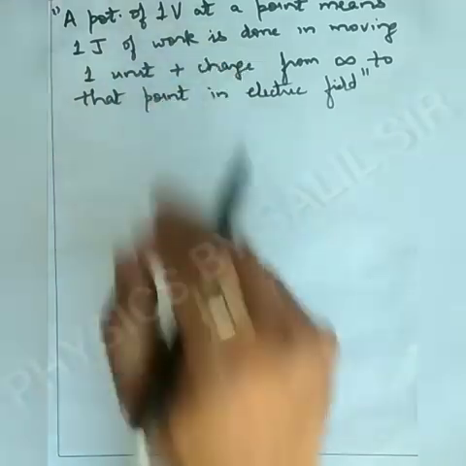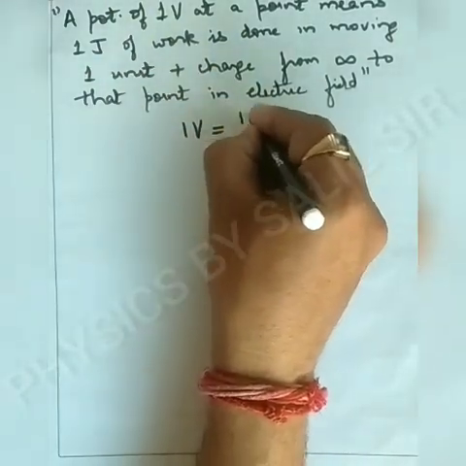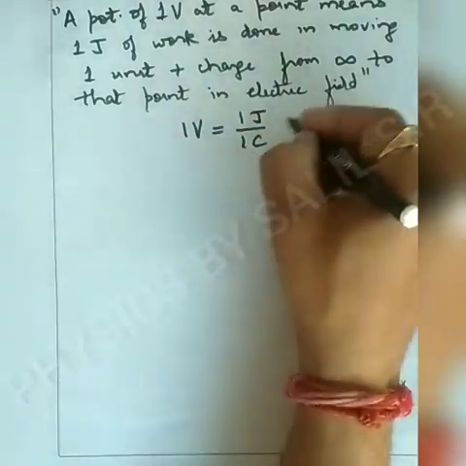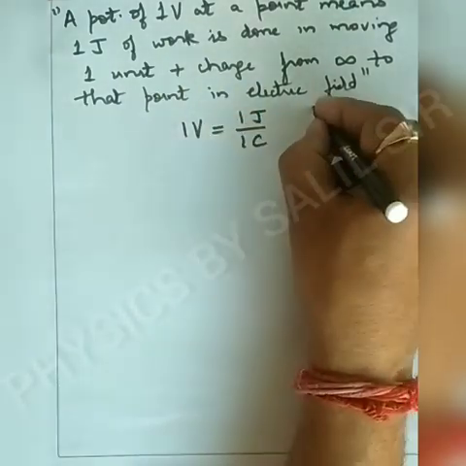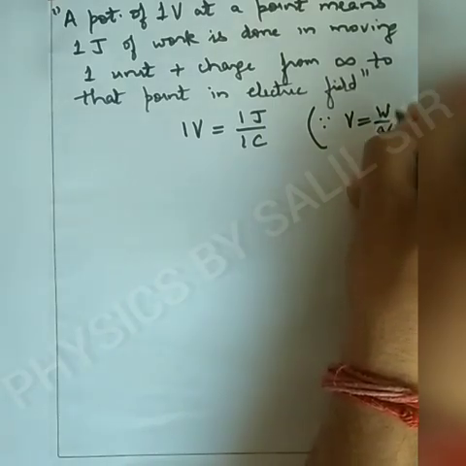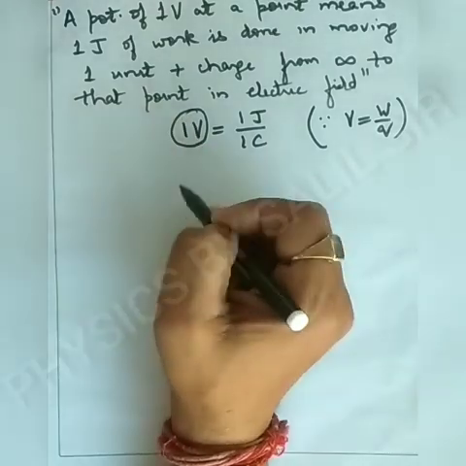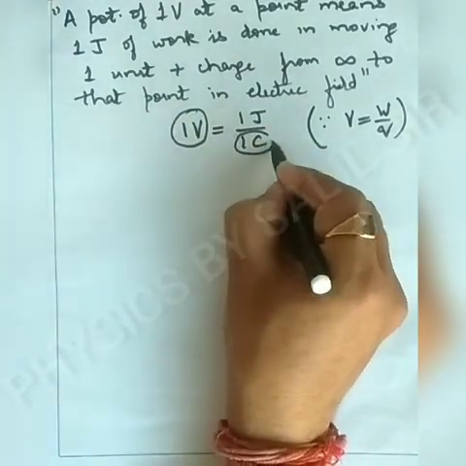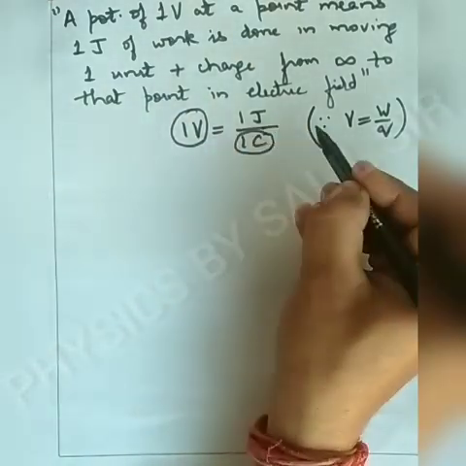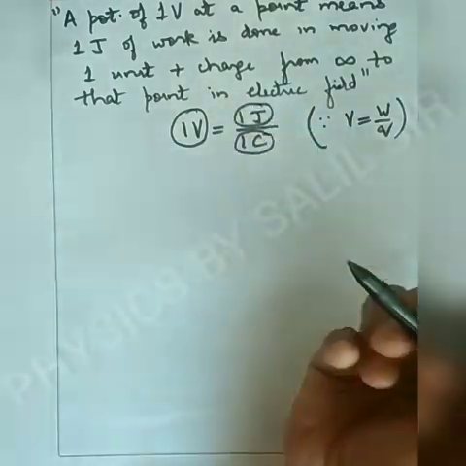This definition is based on the expression V is equal to W upon Q. The electric potential is said to be 1 volt only when 1 coulomb charge is transferred from infinity to a point in electric field, and 1 joule of work is done in transferring this charge.